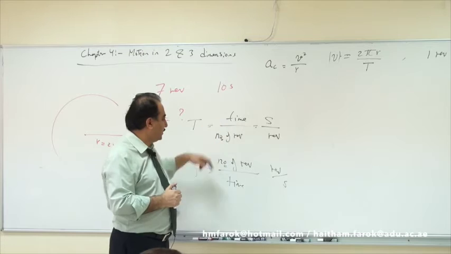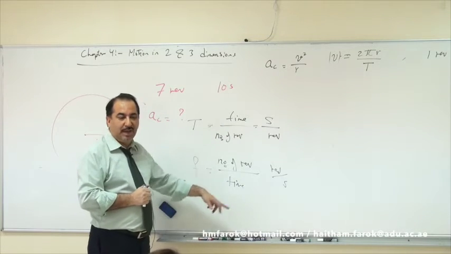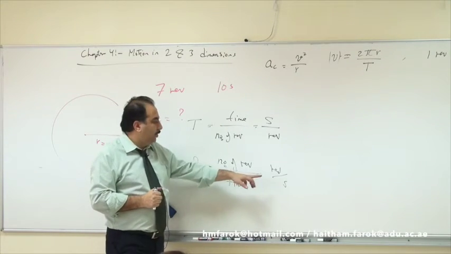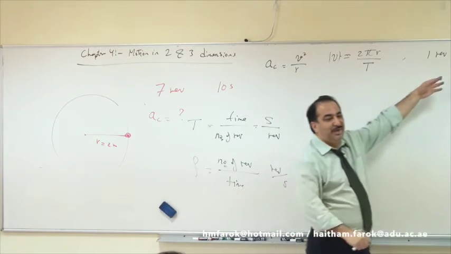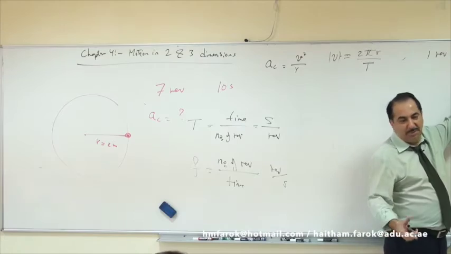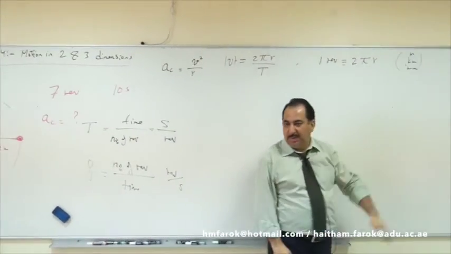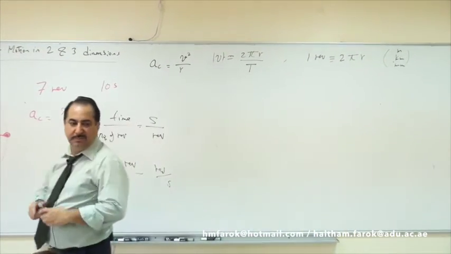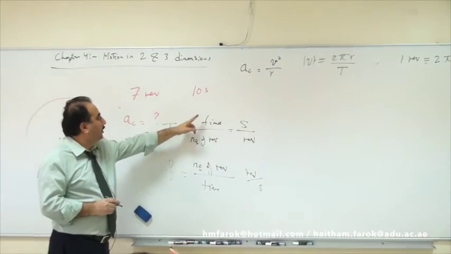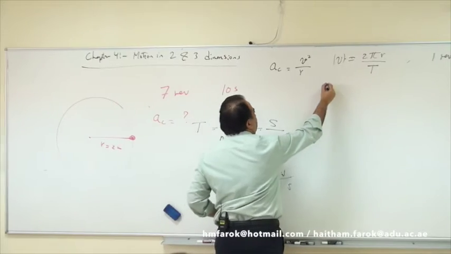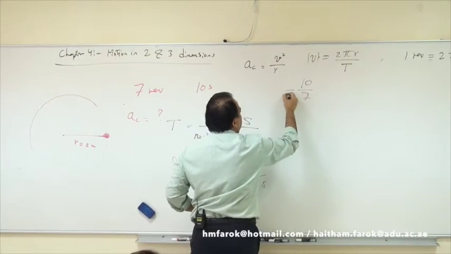Okay, so do this. Of course, if you do the other one, you have to change the revolutions using the conversion factor. You can find it, but do it from the beginning. So what is T? 10 over 7. So 10 over 7 is the period.